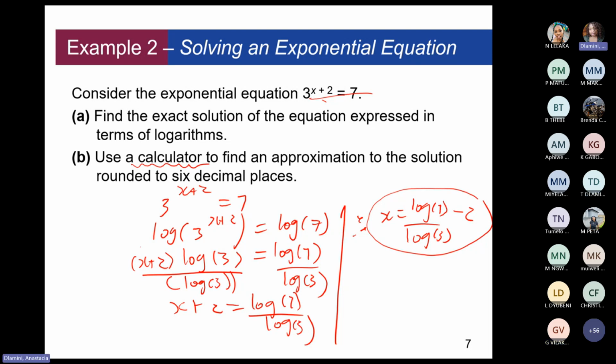Now they say use a calculator to find an approximate solution. Why are they saying exact solution and approximate solution? What's the difference?